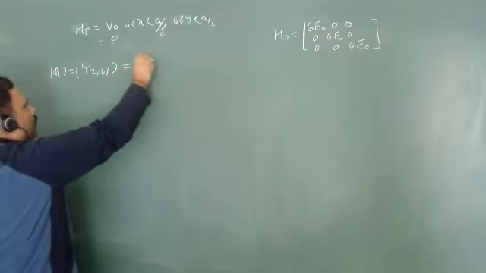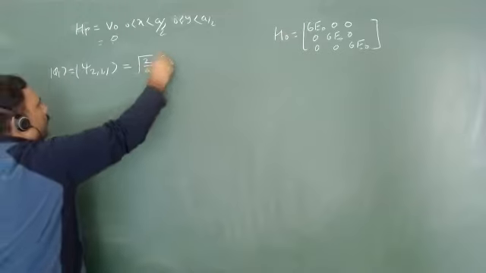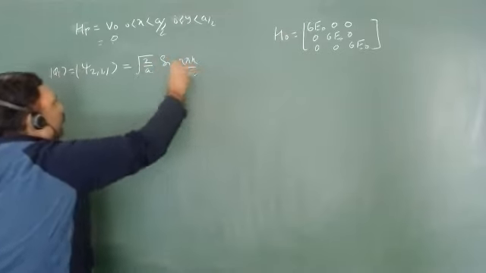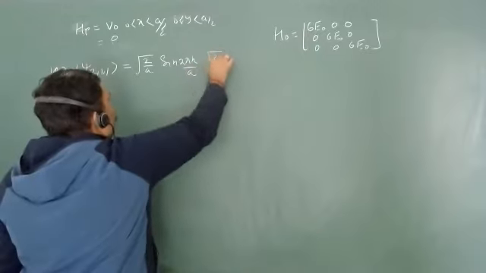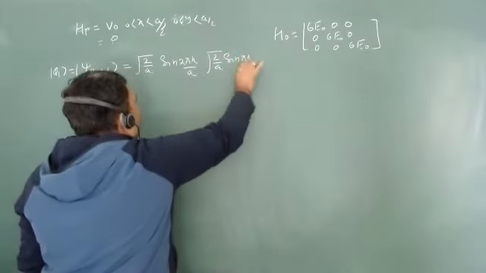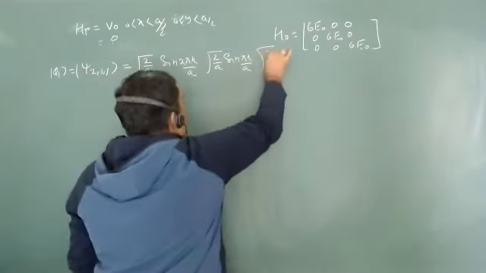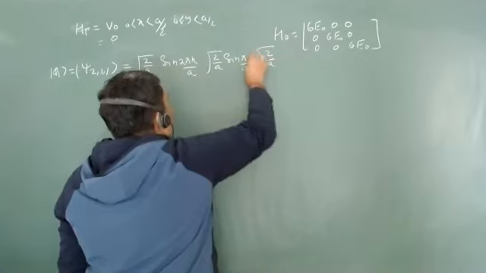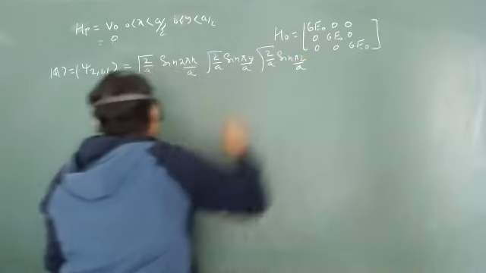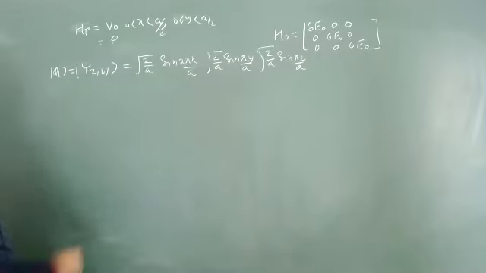And this will be nothing but root 2 by a sine 2 pi x by a, root 2 by a sine pi y by a, root 2 by a sine pi z by a. This is psi 211.